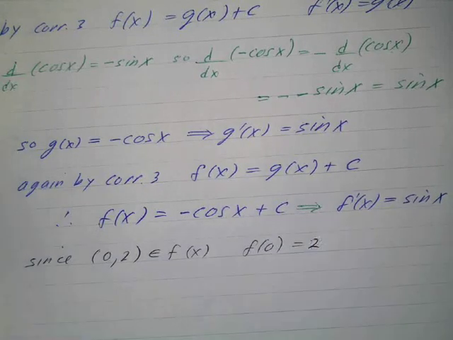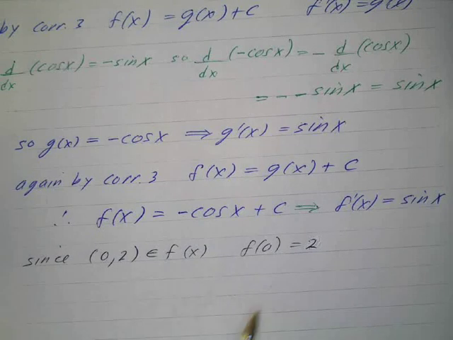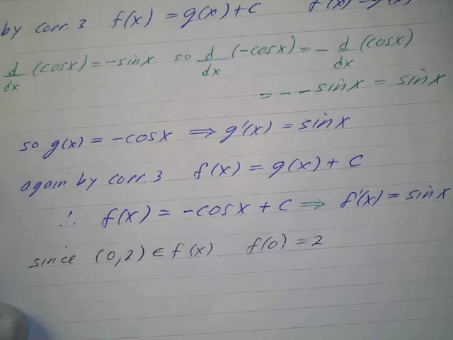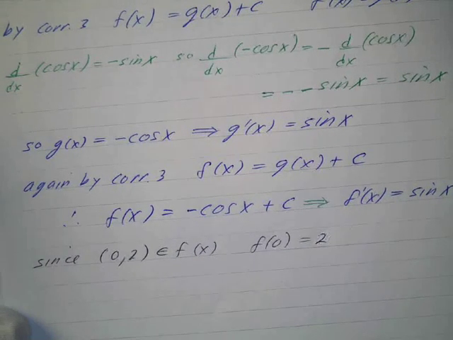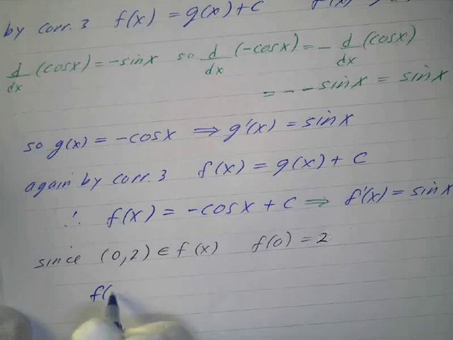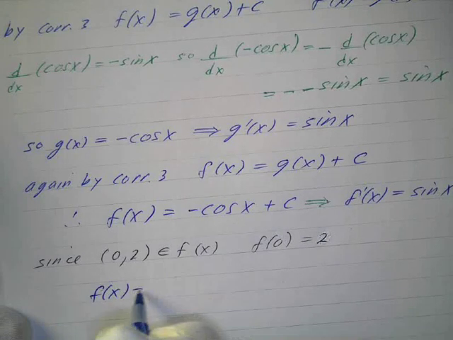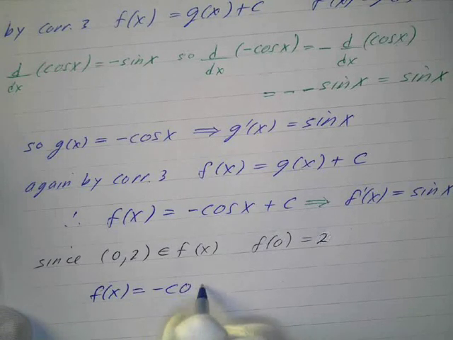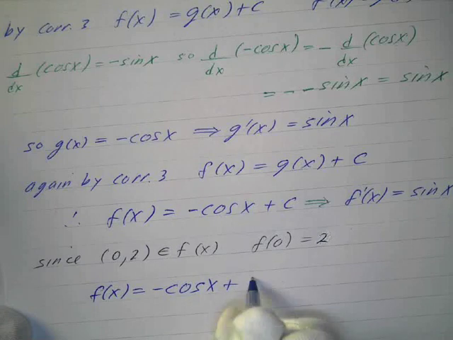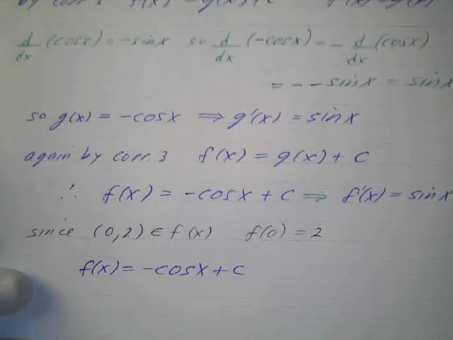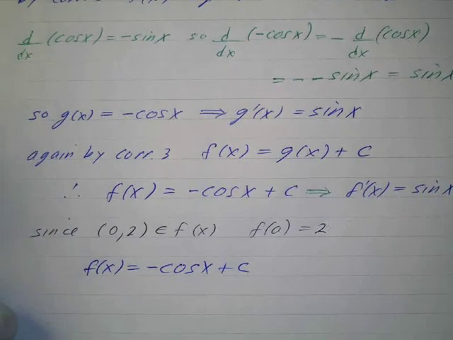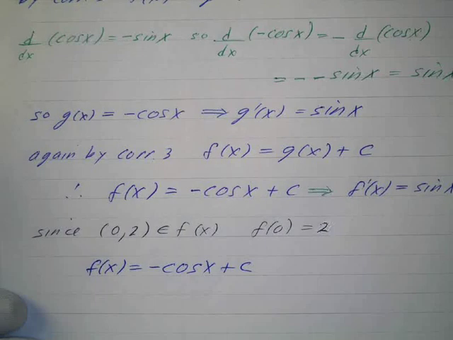So what I can do with this data is take this function and write what I have over here. F of x, I know, equals negative the cosine of x plus c. And then every time I see an x, I'm just going to put a 0.